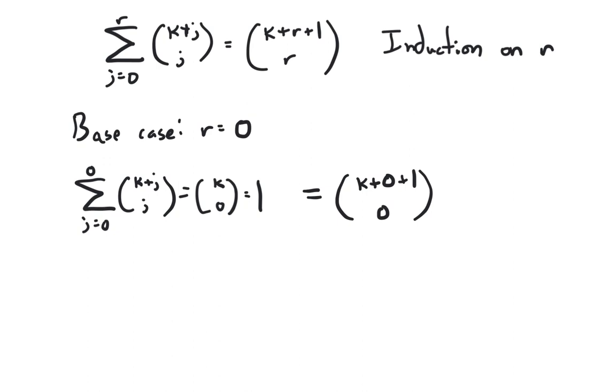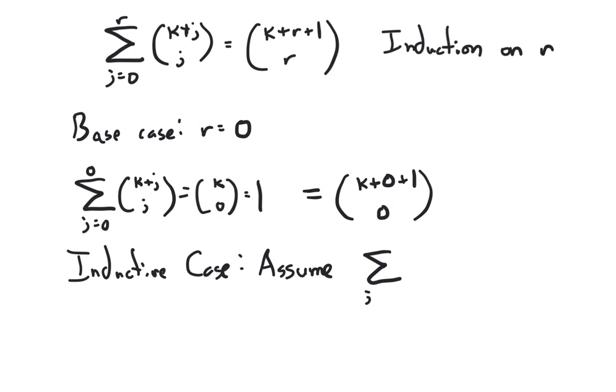Now let's do the inductive case here. So I'll write down our assumption. We're going to assume that the sum from j equals 0 to r of (k plus j choose j) equals k plus r plus 1 choose r.